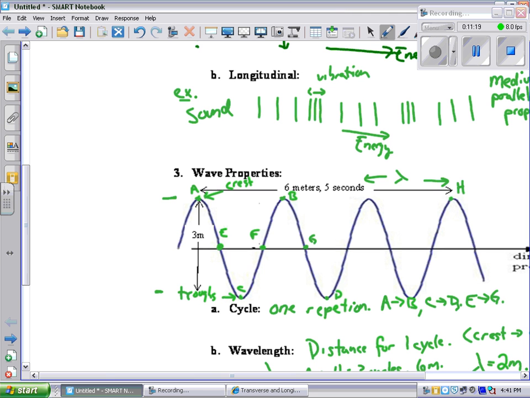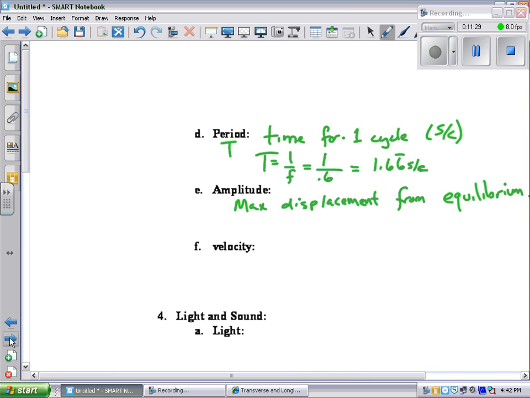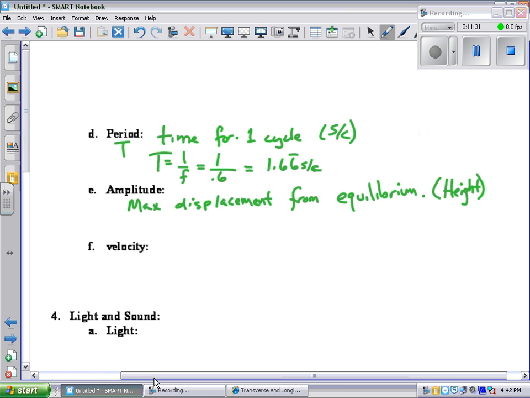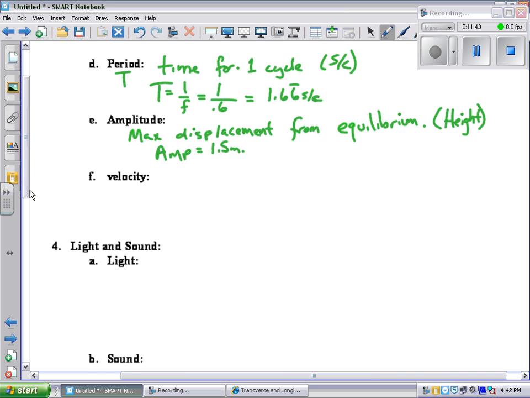But that's not the definition for amplitude. The amplitude is distance from equilibrium, so it's going to be half of that 3 meters, or 1.5. So we'll write that down on the next page. We are going to get that the amplitude in this case is 1.5 meters.